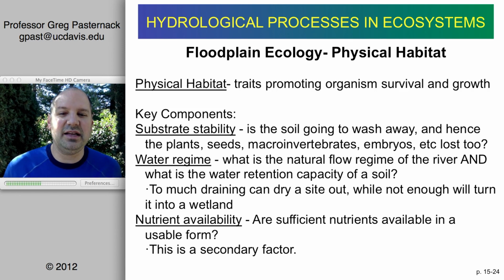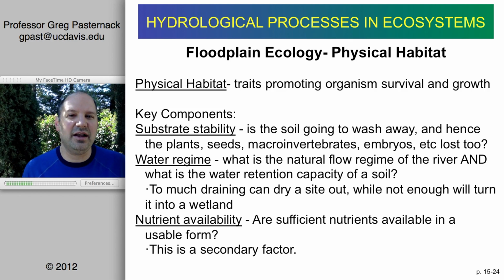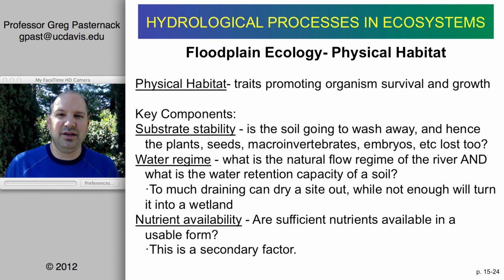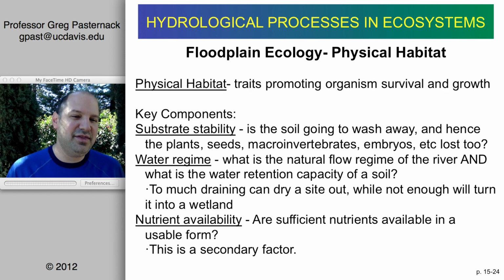And these might be things like shown here in the floodplain context, substrate stability. Like if a place is constantly shifting sands around, then it isn't very likely to handle the growth of floating leaf plants, something like that.